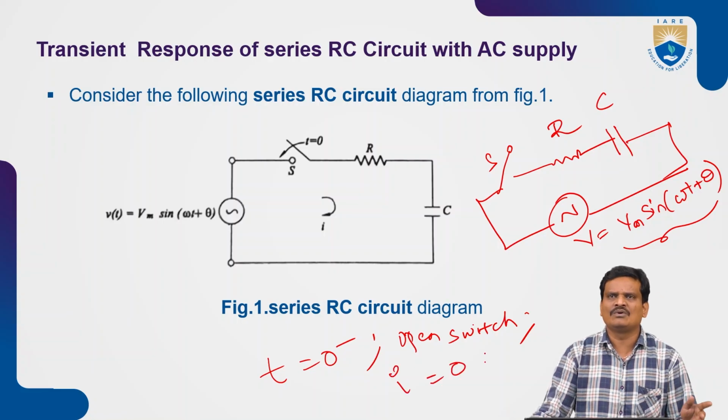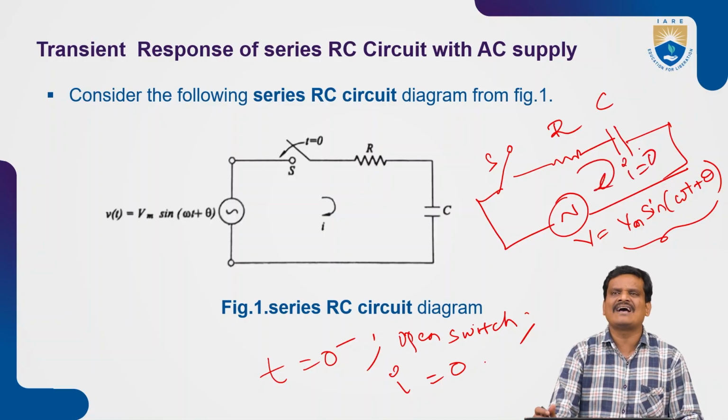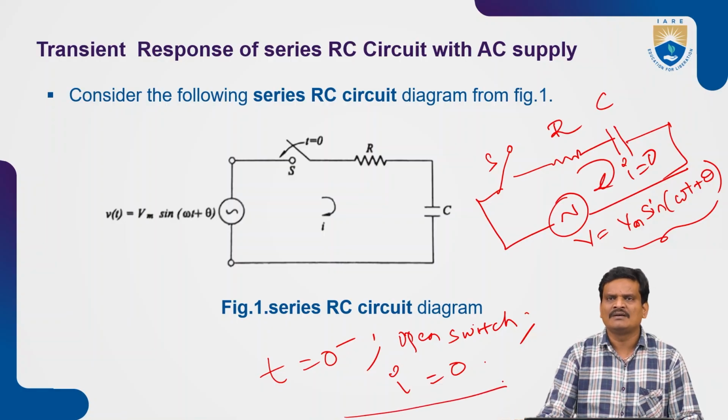In general, whenever there is an open path in a circuit, the current flowing in the circuit can be considered zero, and no connectivity has been established between the source and the other elements connected in the circuit. So initially, when the switch is open at t equal to 0 minus, the current flowing in the series RC circuit is zero.